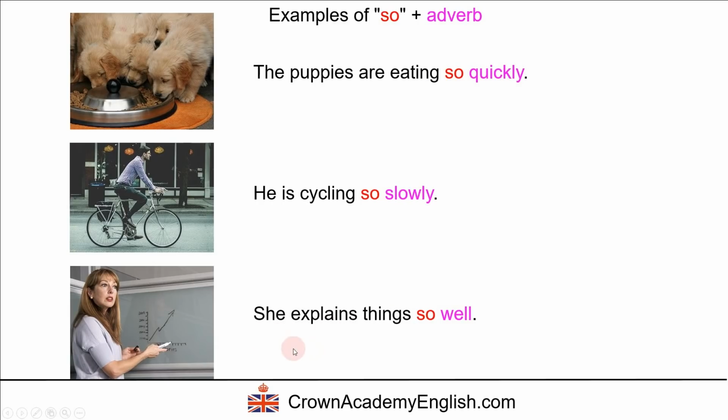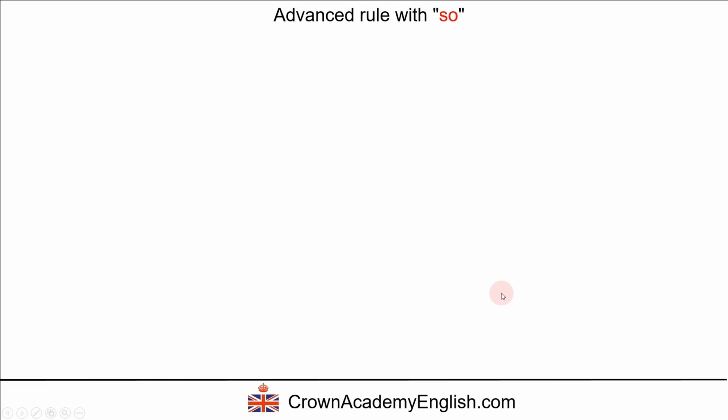So the teacher, she explains things so well. This is the adverb well, and it's modifying the verb explain. So well. So now let's look at an advanced rule with so.